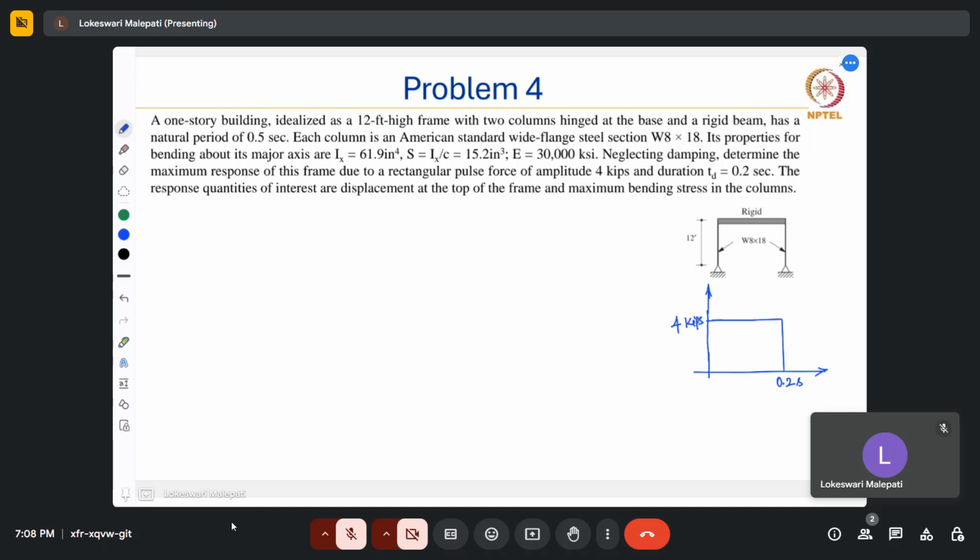We can directly use the standard result for this problem. Let's first find out Tn. When we know the relative values of Td and Tn, then we can find the expression appropriate for finding the maximum displacement. They have already given Tn, which is 0.5 seconds, and Td is equal to 0.2.